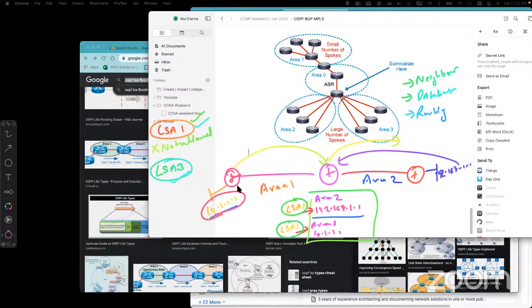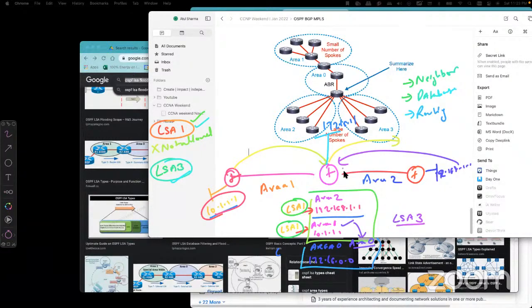So this is LSA 3. Once we create area 0, either by loopback and all, we will get area 0. Suppose you created a loopback 172.16.1.1. This router will have area 0, and in area 0 you will have 172.16.0.0. Once we create area 0 in this router, and the router identifies that I already have area 1, automatically the router starts making LSA 3.